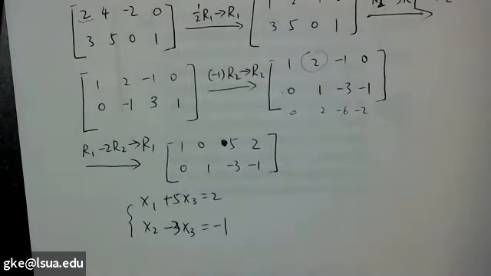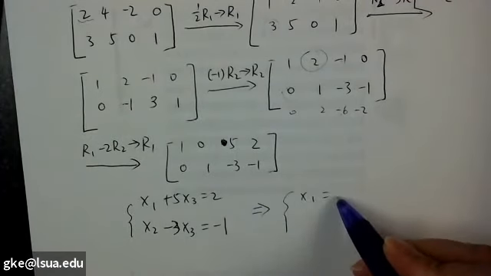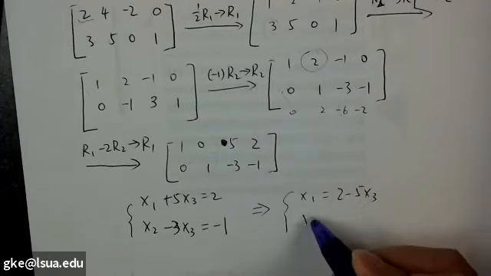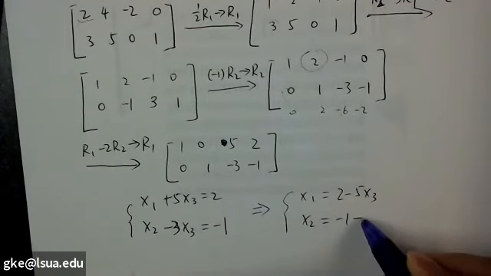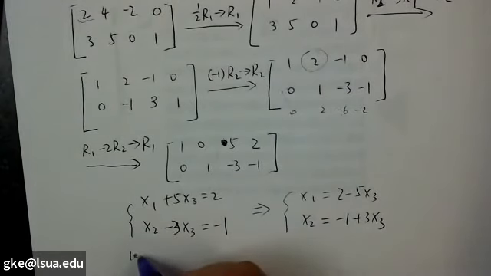Okay, so now we can write down, use x3 to express the other 2 variables. It's very clear we can use parametric representation to express the solution, right? So we let x3 equals t, for example.